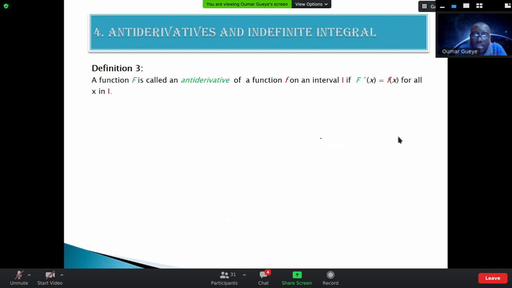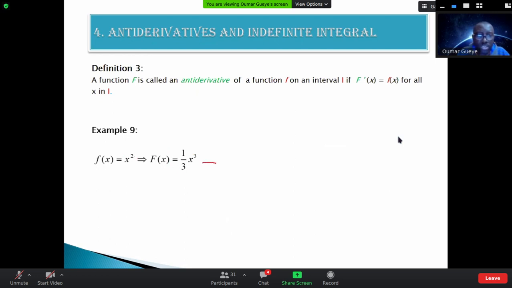Okay. And here is one example. If my small f is x squared, an antiderivative of x squared is equal to 1 by 3 x cubed, because you guys can see when you differentiate this function, you will get x squared.